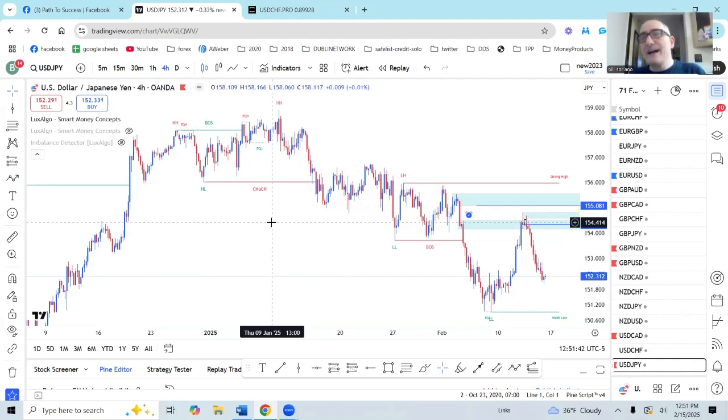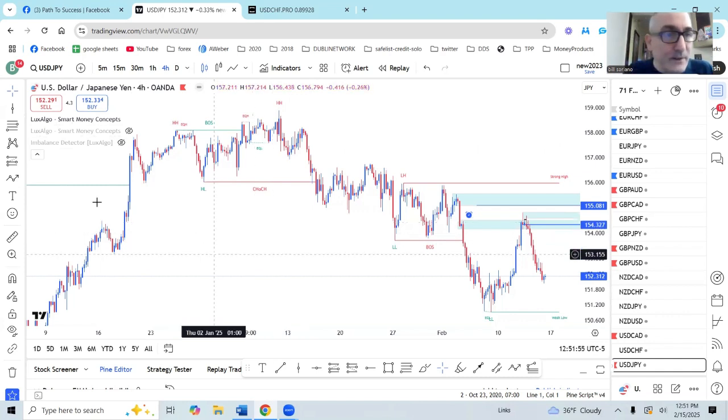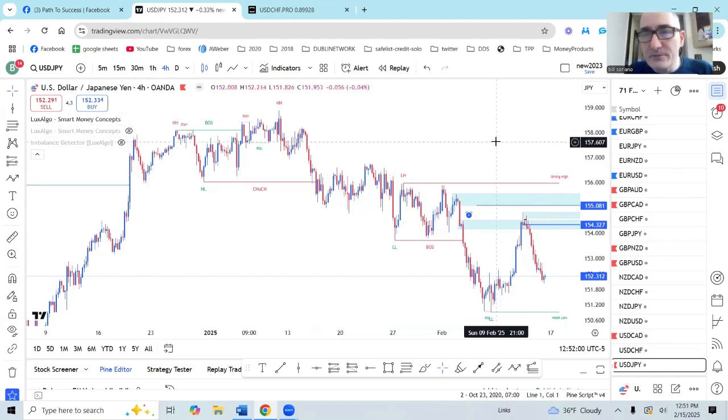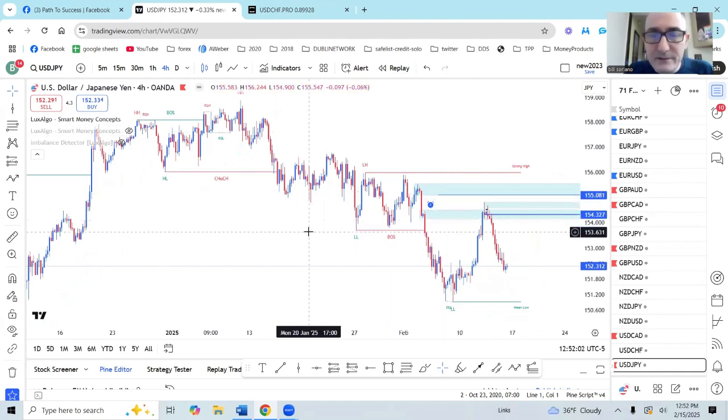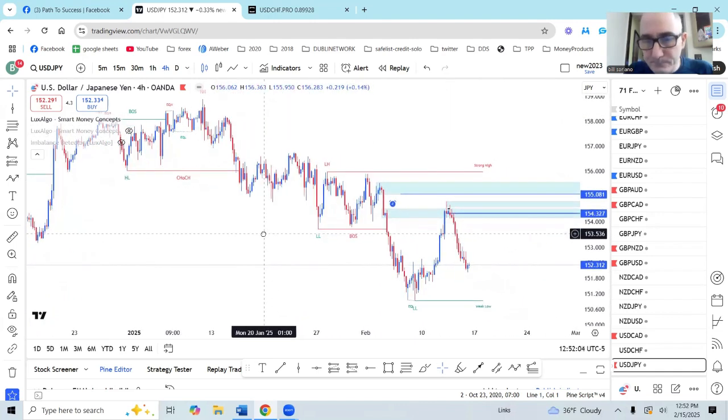So I initially thought that was bad because it wasn't removing it when the imbalance was filled. But then I'm thinking to myself, well, in order to teach people how to see the imbalance, that's actually good. So I just have those two free indicators on there, and that's the only purpose for them. They're not there to tell you to take trades or anything like that.